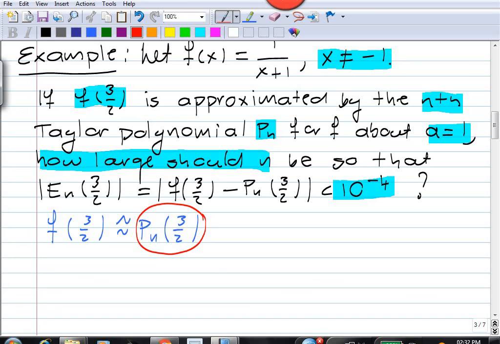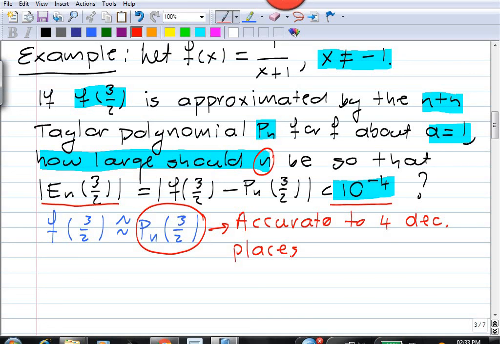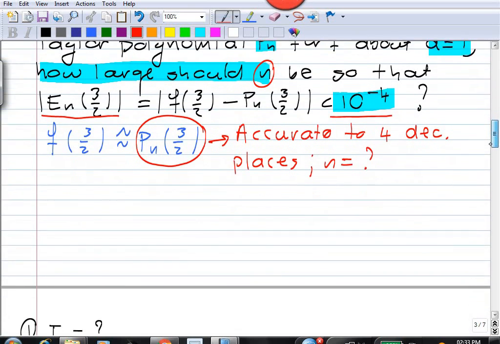What we're interested in is how large n should be so that our error is less than 10 to the minus 4. In other words, we want this approximation to be accurate to 4 decimal places. Okay. And now, what should n be, at least? Right. So let's see, how do we use our error estimates here?